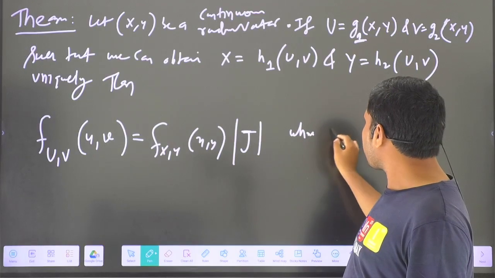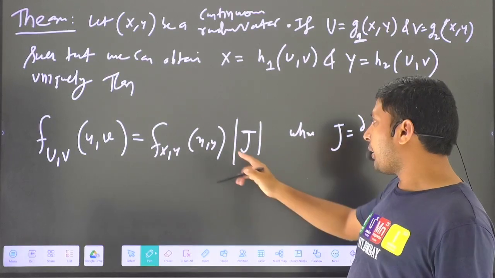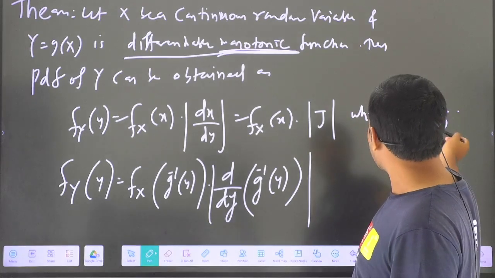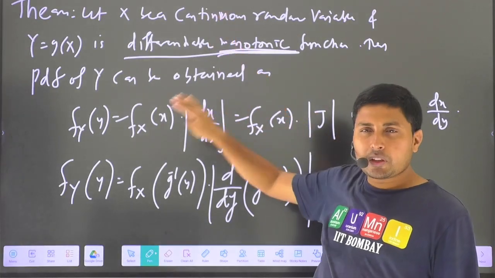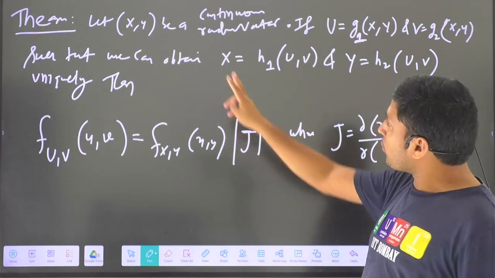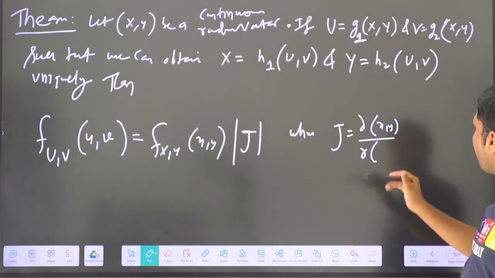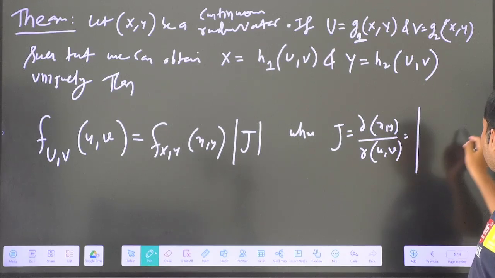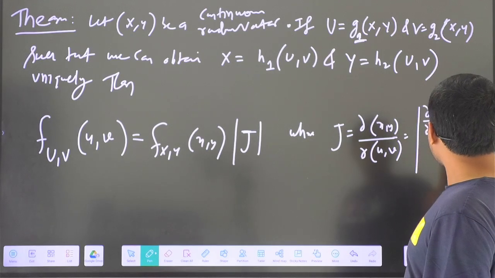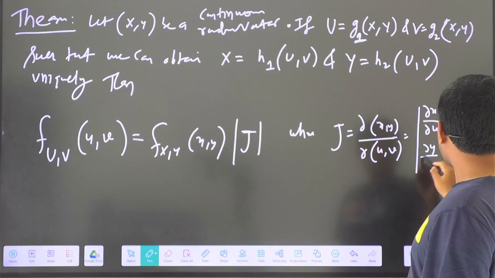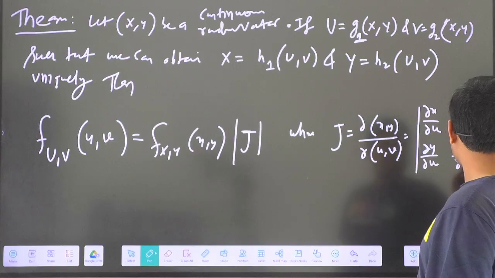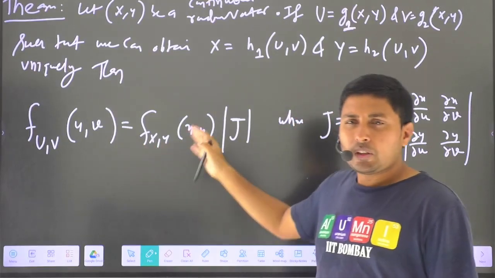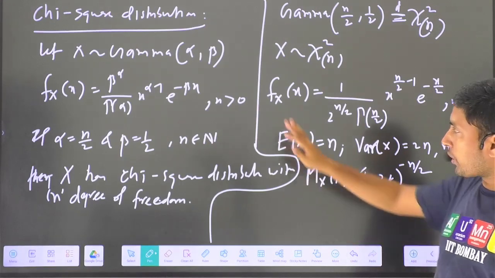In the two variable case, the Jacobian is the derivative of old variables by new variables; you can remember it as old by new. Old is X, Y, we are defining new U, V, and that will be a 2 by 2 determinant: del x by del u, del x by del v, del y by del u, and del y by del v. So this formula will be used here.